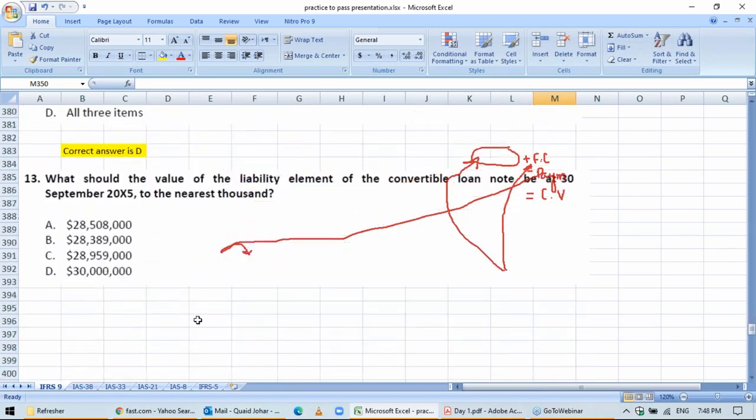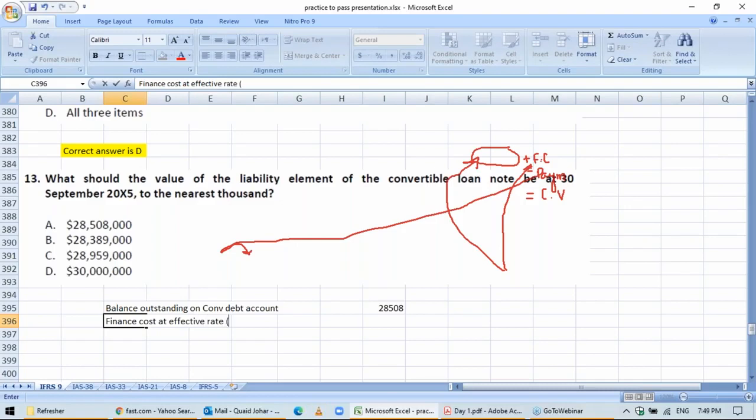Question number 13. The balance outstanding on convertible debt account has been correctly recorded at 28,508. Now you have to add the finance cost at effective rate.